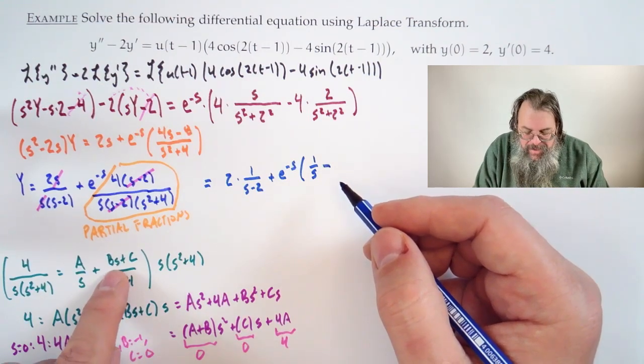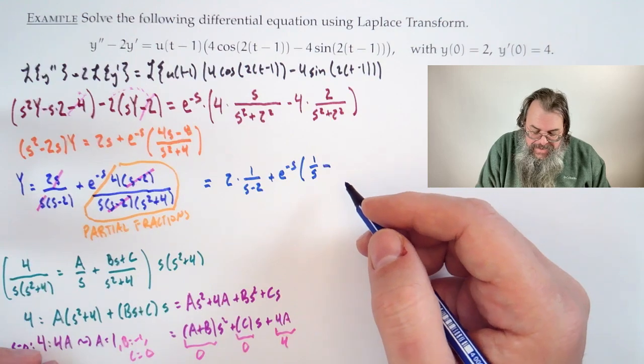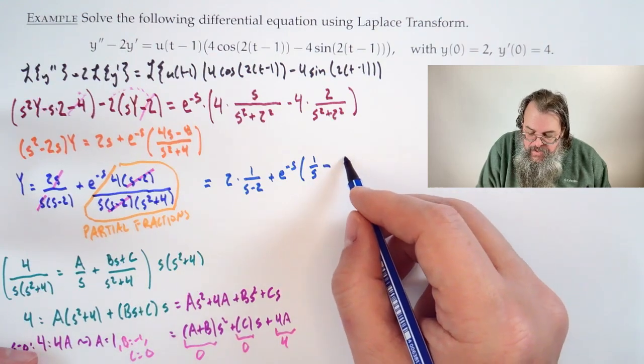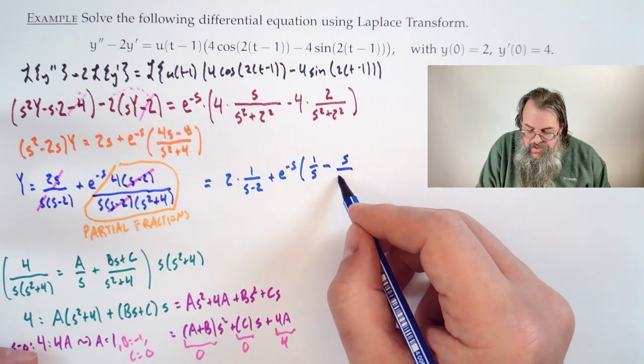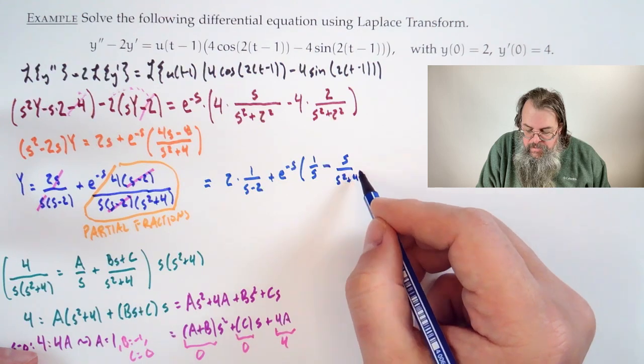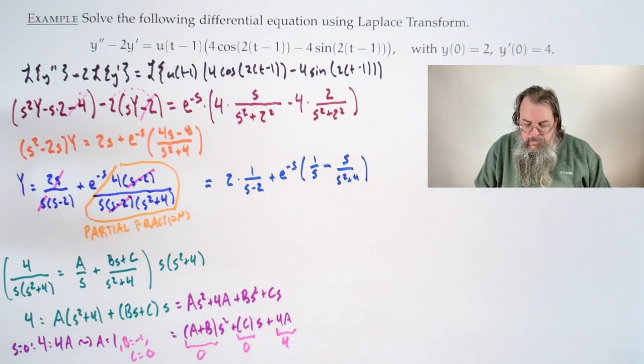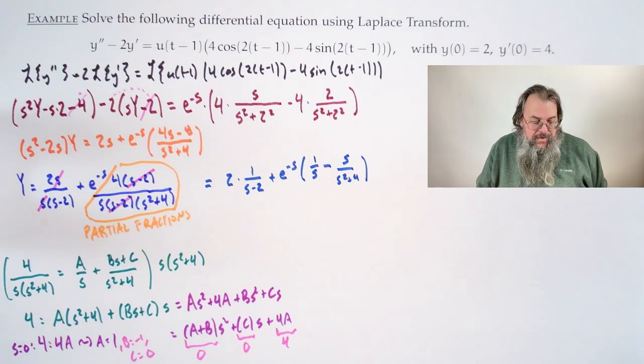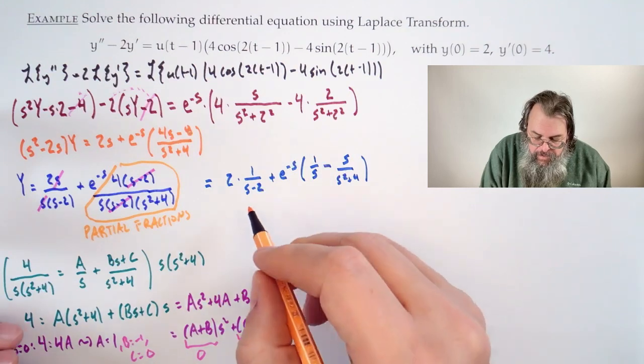This B is multiplied by an s, so don't forget that. That's actually great news for us. So that's s over s squared plus 4. Well, why is that great news? Well, we're ready to write down our answer because we know what happens to our parts.